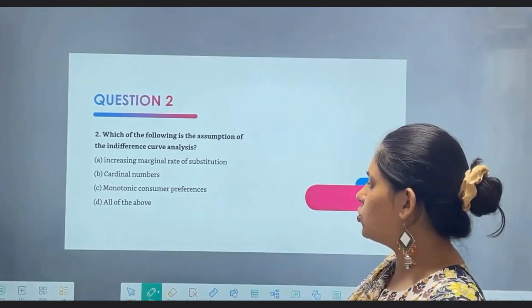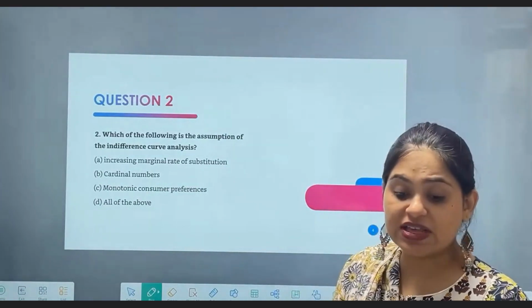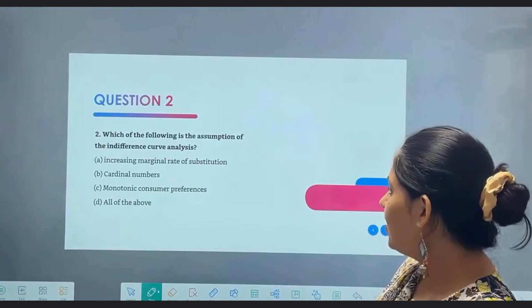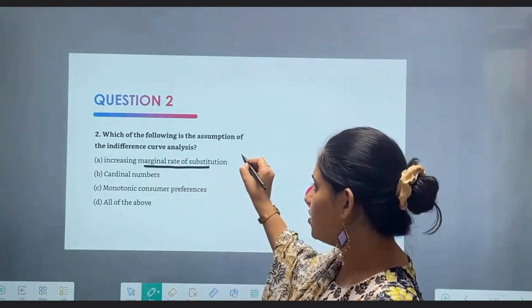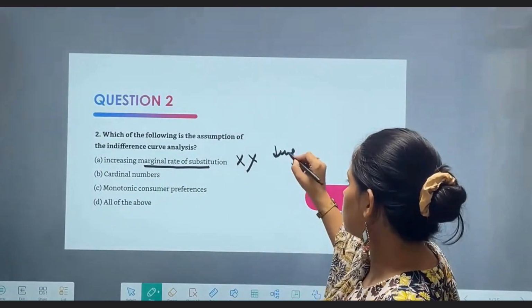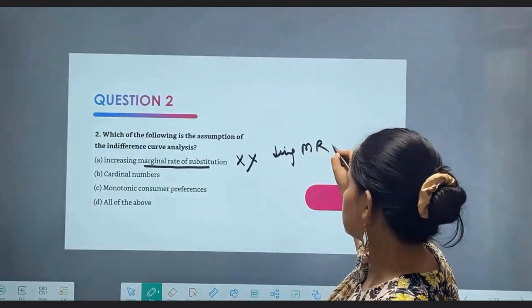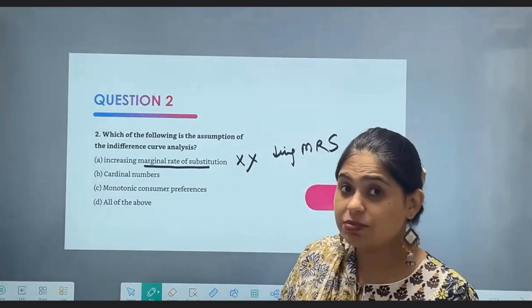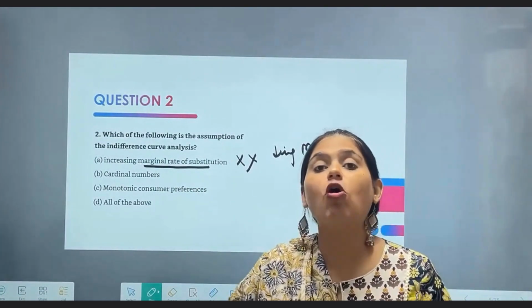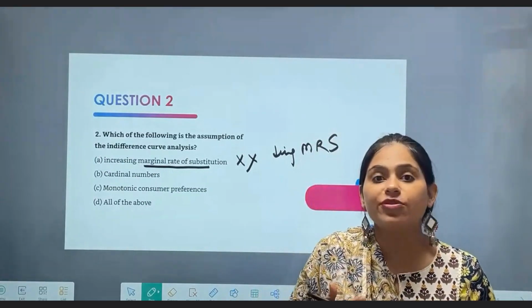Okay, you're saying C, someone is saying D. See, here is what happens. Increasing MRS, no, that's not the assumption. We want MRS to diminish. Decreasing MRS. Cardinal numbers, no. We always talk about indifference curve in terms of ordinality, in terms of ranking.